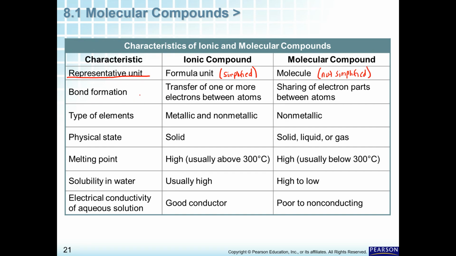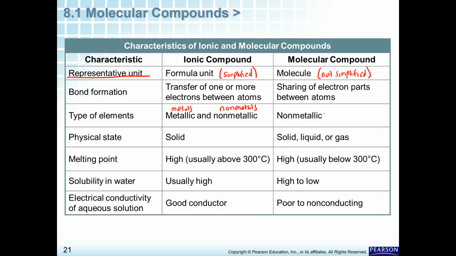In terms of the bond formation, ionic compounds are going to transfer, whereas molecular are going to share. For the type of elements, ionic is typically between metallic elements, which are metals, and non-metallic elements, which are non-metals. Whereas molecular compounds are going to be between non-metallic elements or non-metals.